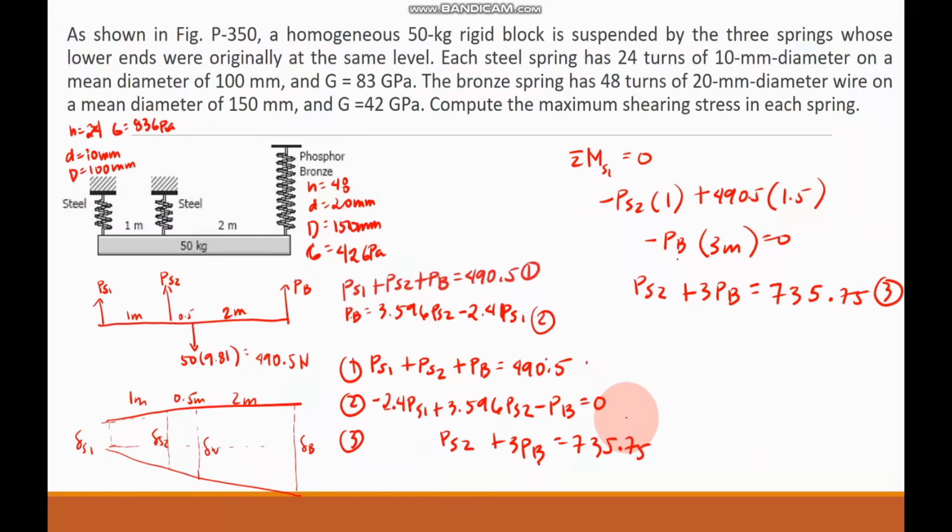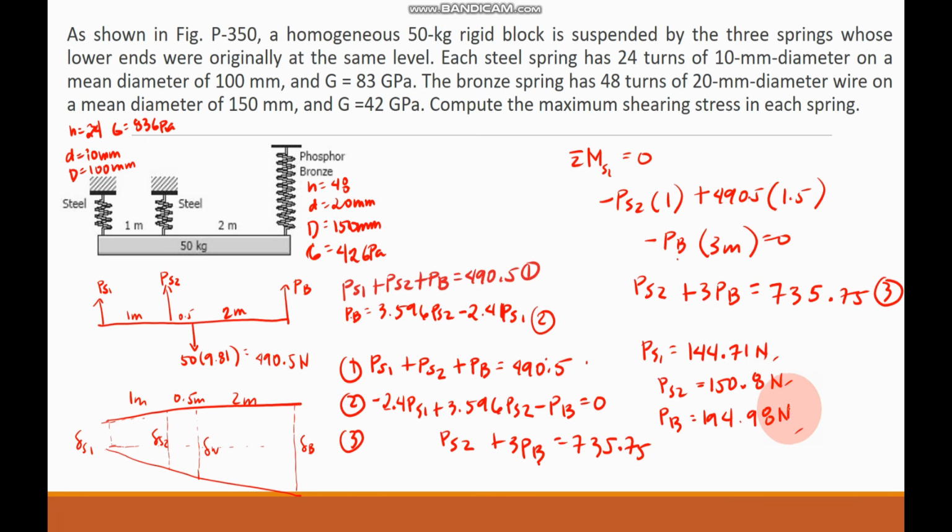And then 735.75. So, solving simultaneously, lalabas na dito yung mga values ng PS1, PS2, and PB. Therefore, PS1 is equal to 144.71 Newton. PS2, 150.8 Newton. And then our PB is equal to 194.98 Newton. So these are the values ng ating P.